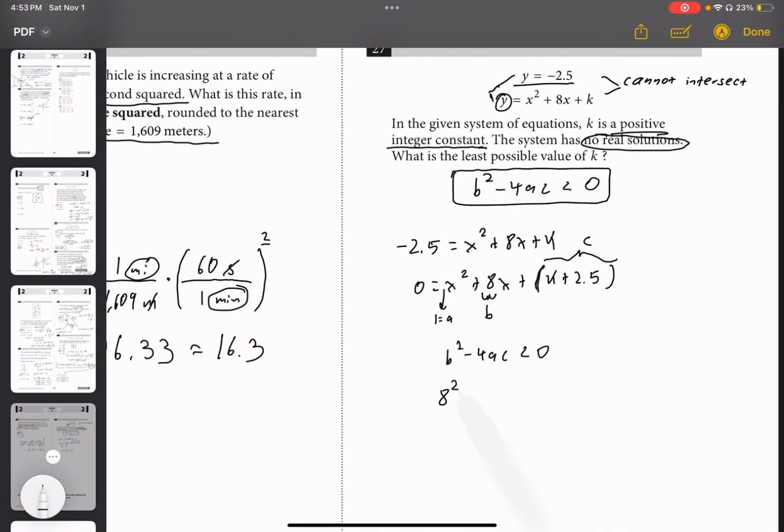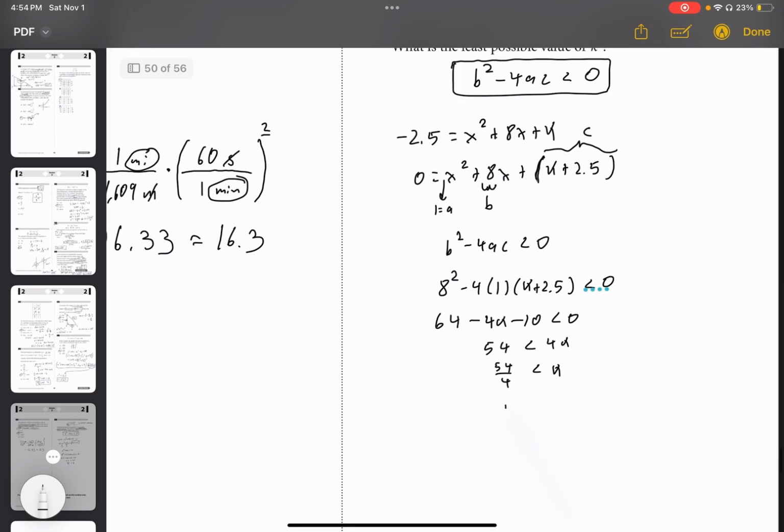So now we could plug it into this formula of b squared minus 4ac is less than 0, so we know that 8 squared minus 4 times 1 times k plus 2.5 is less than 0. 64 minus 4k minus 10 is less than 0. 54 is less than, we can move this 4k over, 4k, and then k is greater than 54 divided by 4, k is greater than 13.5.